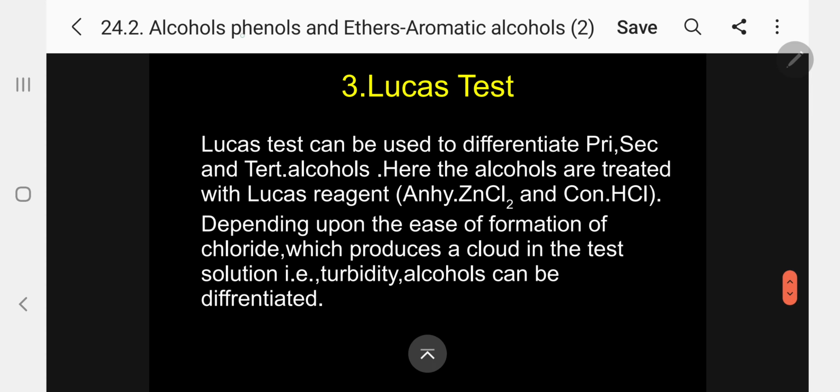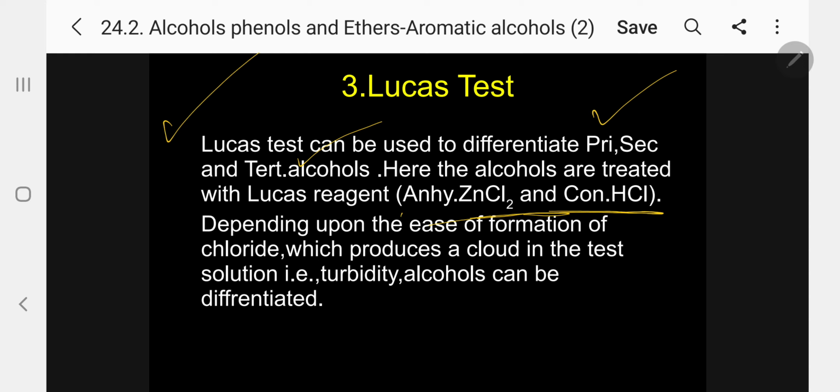The third test, Lucas test. What is Lucas reagent? Anhydrous zinc chloride and conc. HCl is called Lucas reagent. Please follow. A question can be asked: one among the following is a Lucas reagent. The Lucas test can be used to differentiate primary, secondary and tertiary alcohol.